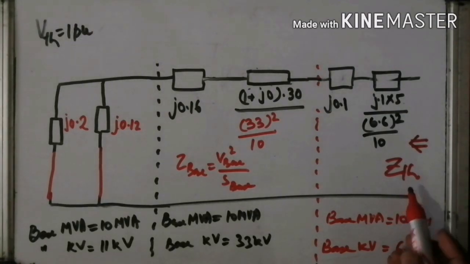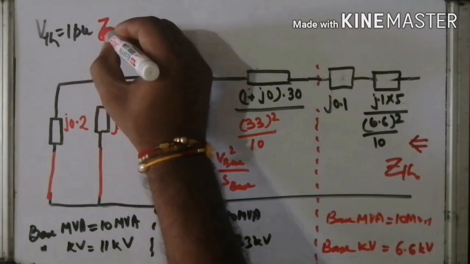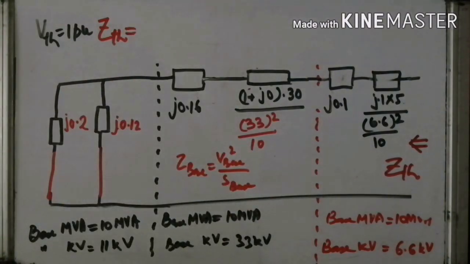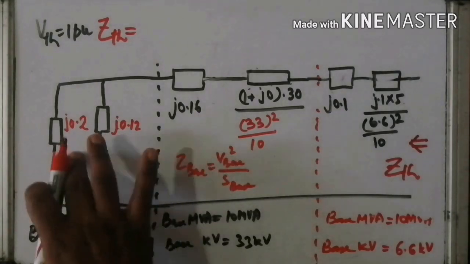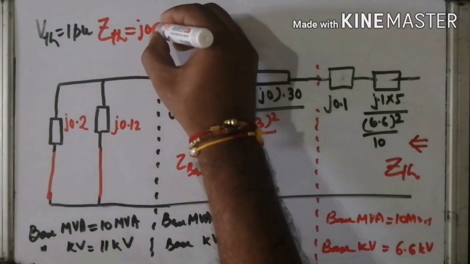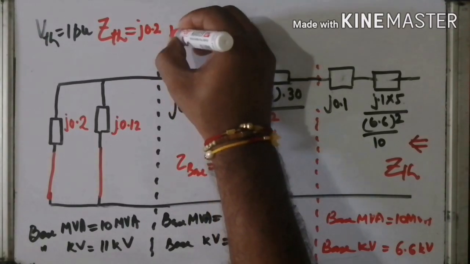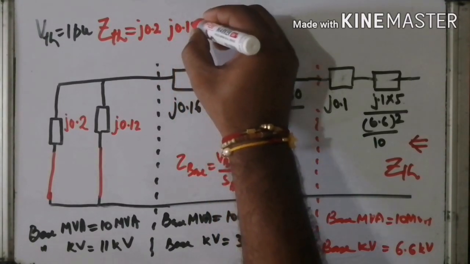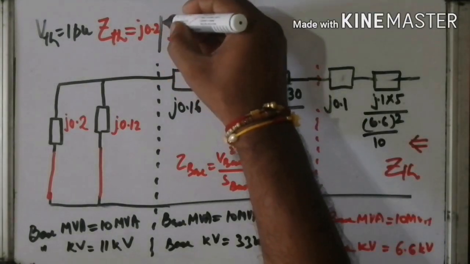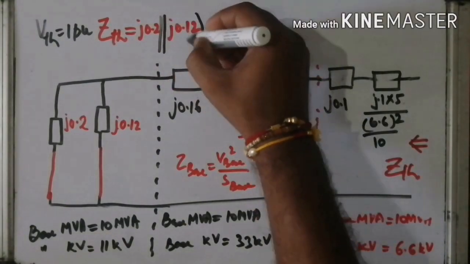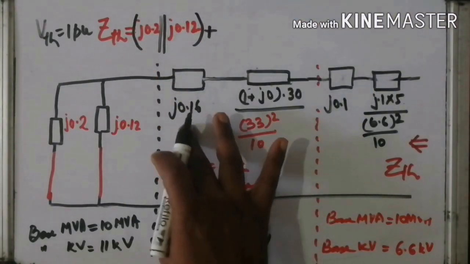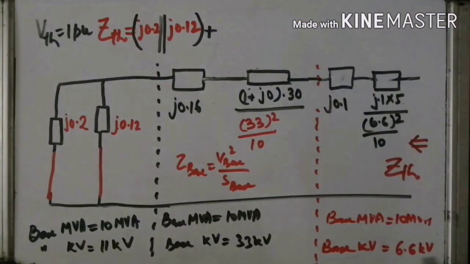Now for the ZTH, these two are connected in parallel, so it is J 0.2, J 0.12. These two are connected in parallel, and with this combination the rest 4 are in series.